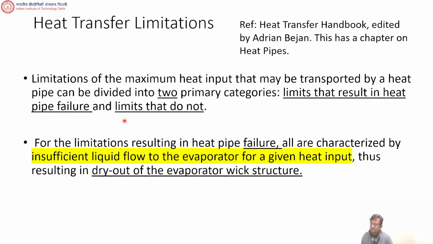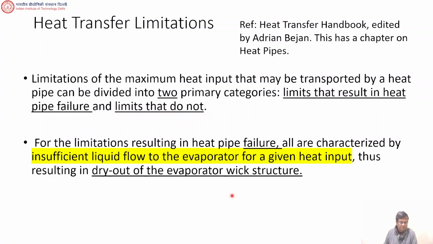There will be some constraints, and some of these limitations can result in heat pipe failure, and some others need not lead to heat pipe failure. If you have insufficient liquid flow to the evaporator for a given heat input, that results in a dry out of the evaporator wick structure.